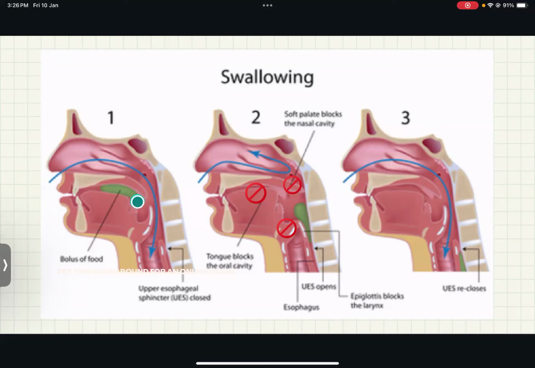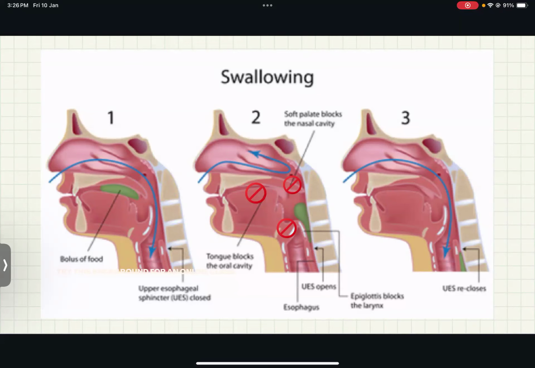It's moving back. Here you can notice that the soft palate is still not blocking the nasal cavity, and the epiglottis is still not blocking because we are breathing. And the oral cavity is not blocked either because we're still eating. And then when you go to the second phase, do you guys remember what the second phase was called?